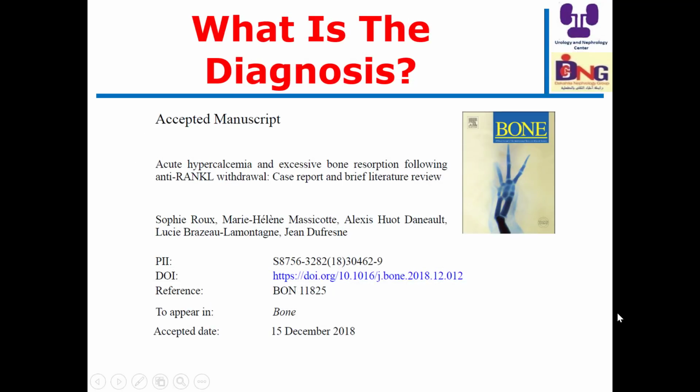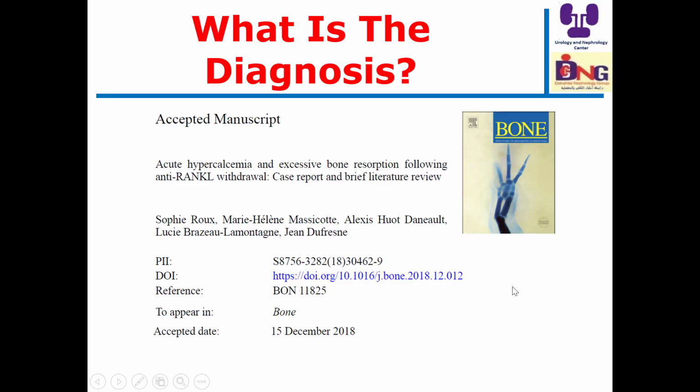This is another case. This is a case of breast cancer, and denosumab was given for 5 years, and after withdrawal of denosumab, the case was complicated by acute hypercalcemia and excessive bone resorption. What is the diagnosis?